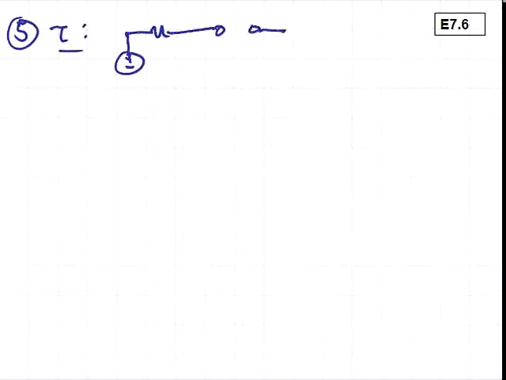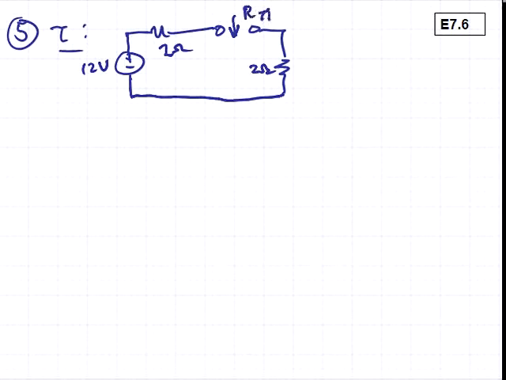Now we can go to the 5th step in the step-by-step approach, and that is to calculate the time constant. Our equivalent circuit to determine the Thevenin resistance appears by removing the inductor from the circuit and drawing the remainder of the circuit. So we have 2 ohms, 2 ohms, 12 volts, and this will be the Thevenin resistance seen by the inductor.